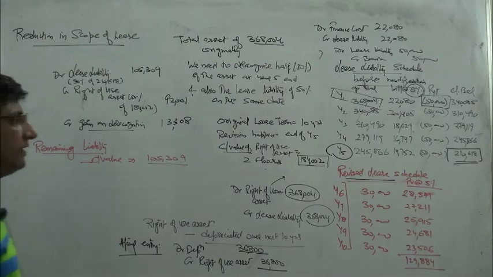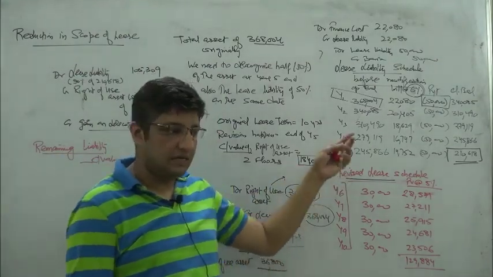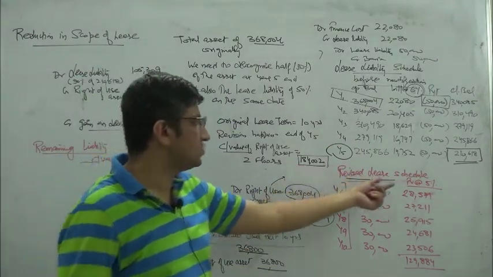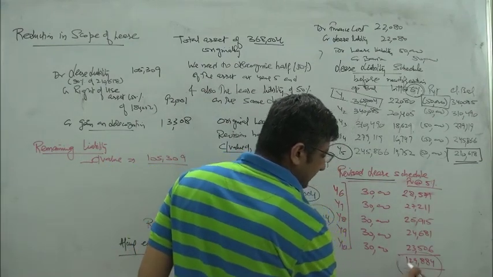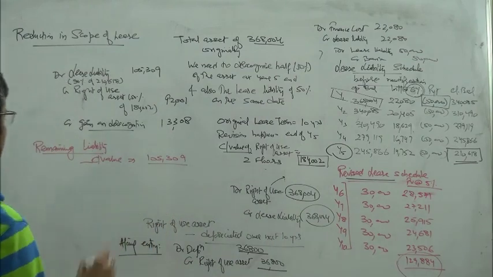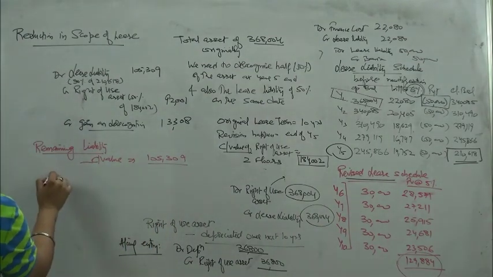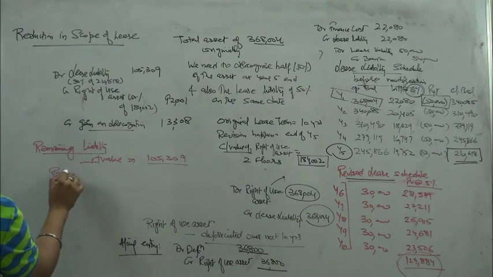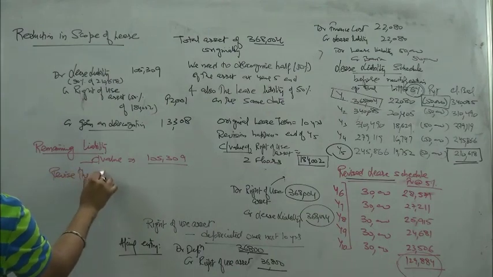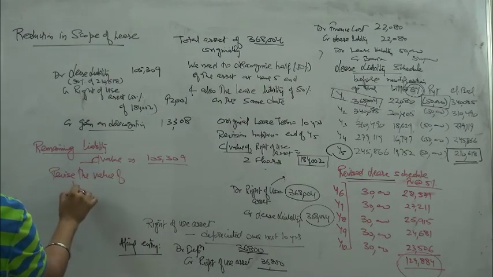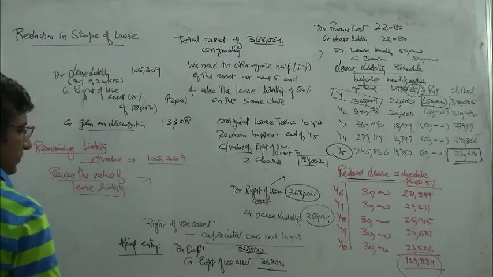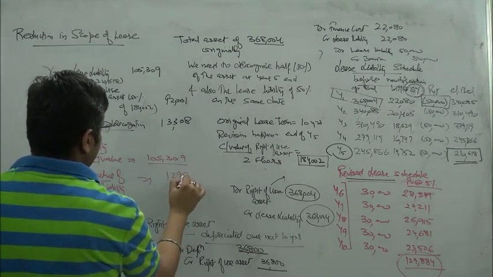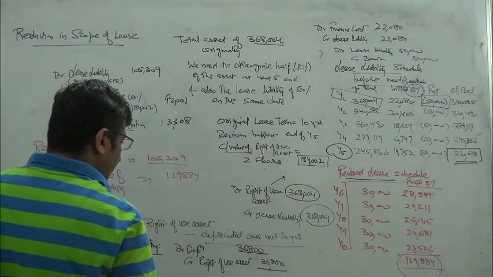But now I have a revised lease schedule, so the cash flows have changed and so has the discount rate, and this lease liability stands at 129884, which means that I need to revise the value of my lease liability, and that should be shown at 129884.